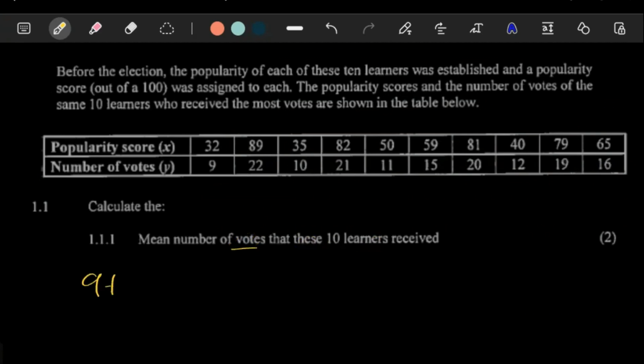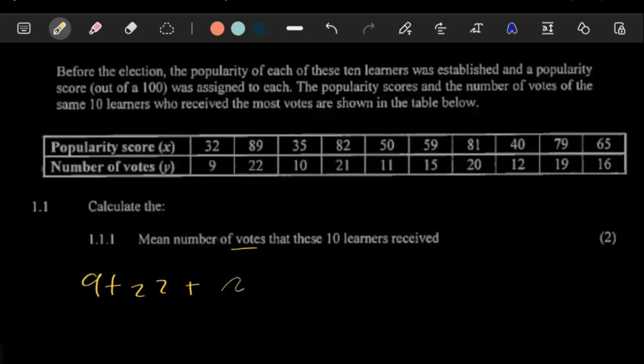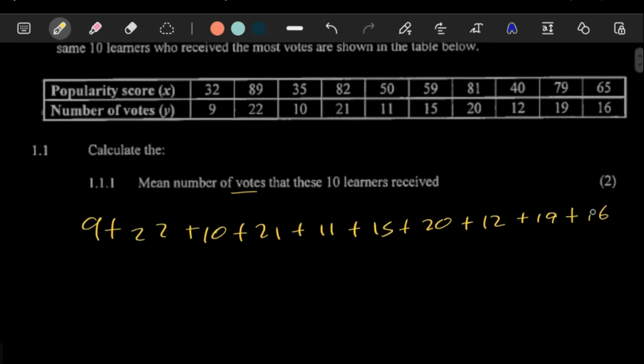So it's going to be 9 plus 22 plus 10 plus 21 plus 11 plus 15 plus 20 plus 12 plus 19 plus 16. All these values, you're obviously going to put in your calculator and divide everything by 10.